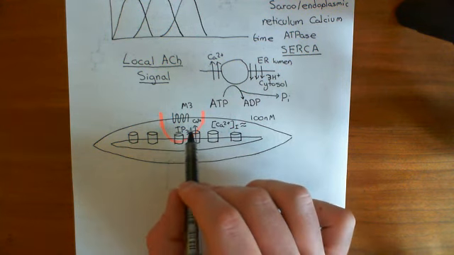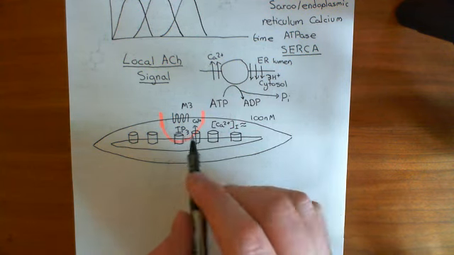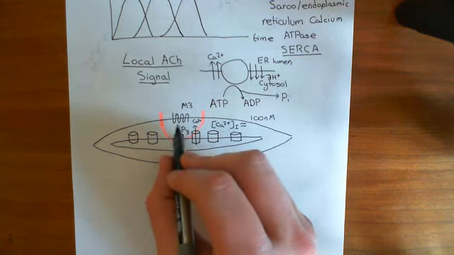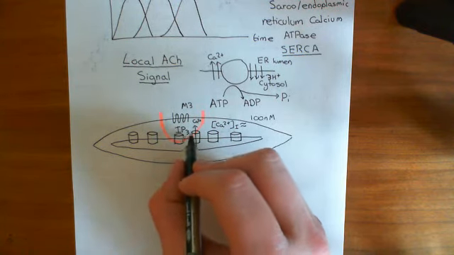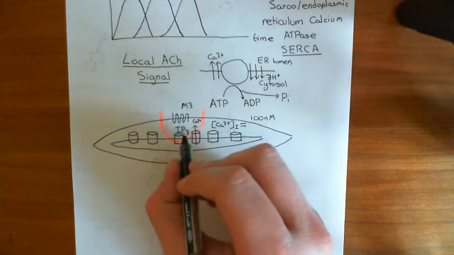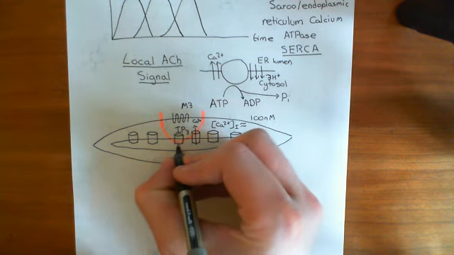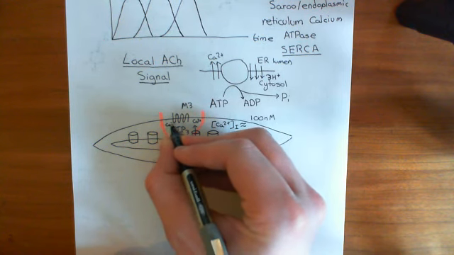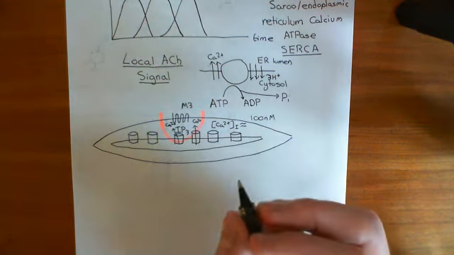Now when this one IP3 receptor opens and allows calcium to leave the sarcoplasmic reticulum and go up in the vicinity of this receptor, then what will happen is that that calcium will spill onto the other primed and ready IP3 receptors, and it will cause them to open. So all these other ones will also open that are in the region where IP3 has gone up and which have IP3 bound.